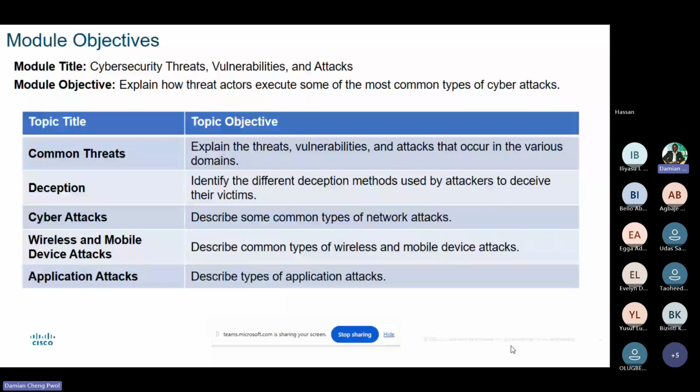Cyber attacks: describe some common types of network attacks. Wireless and mobile device attacks: describe common types of wireless and mobile device attacks. Application attacks: describe types of application attacks.